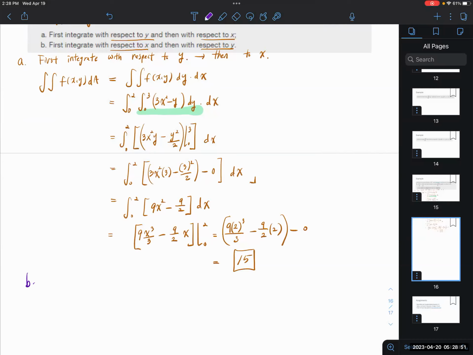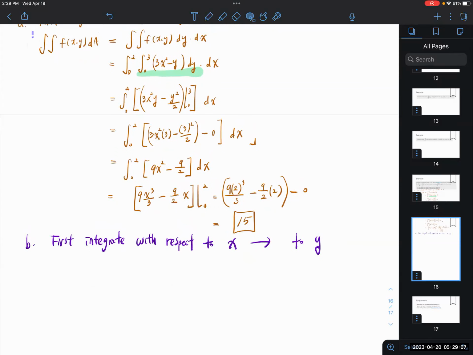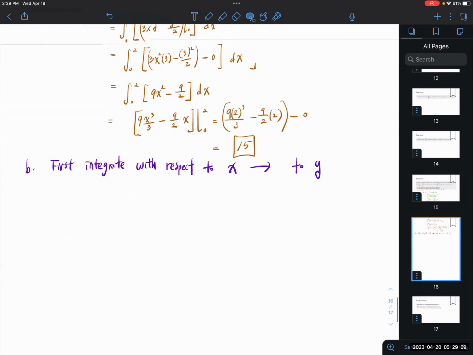B. First, take the integral, or integrate, with respect to what? X first, then we're going to go to y. So I'm going to copy this.